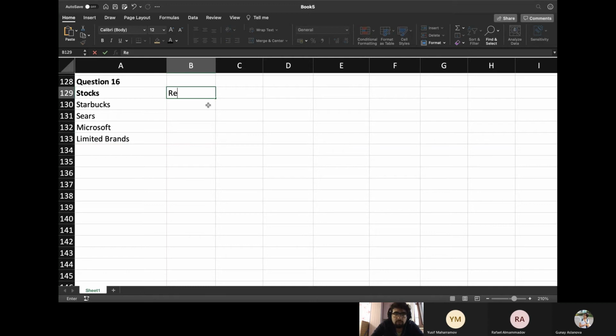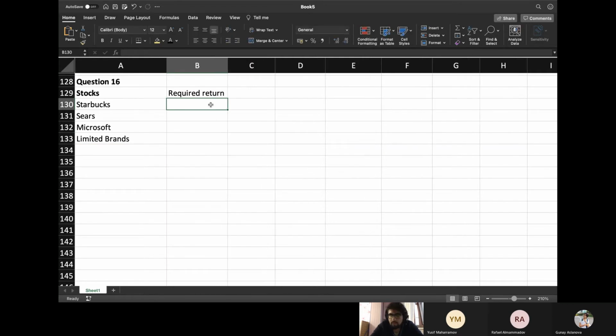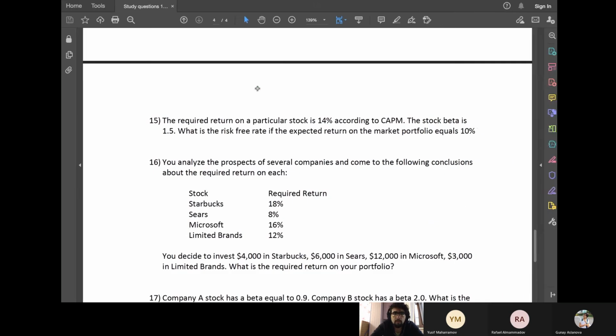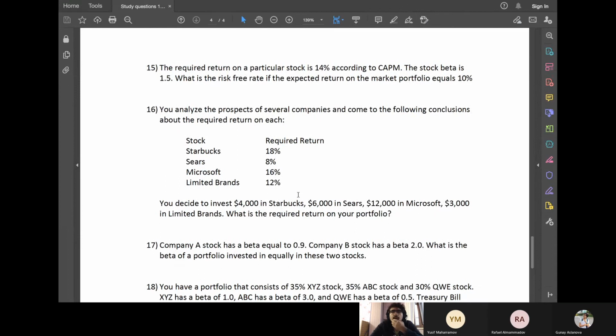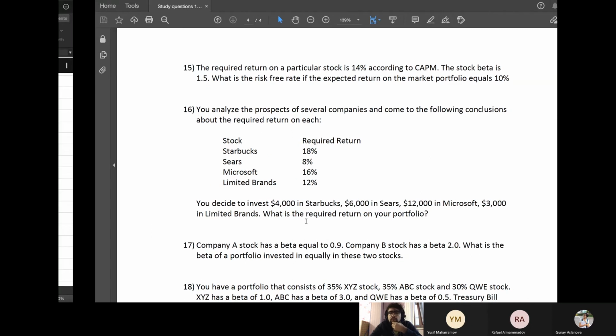The required returns are 18%, 8%, 16%, and 12%. So you decide to invest 4,000 in Starbucks, 6,000 in Sears, 12,000 in Microsoft, and 3,000 in Limited Brands. What is the required return on your portfolio?